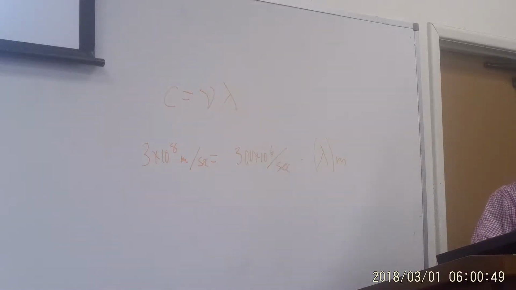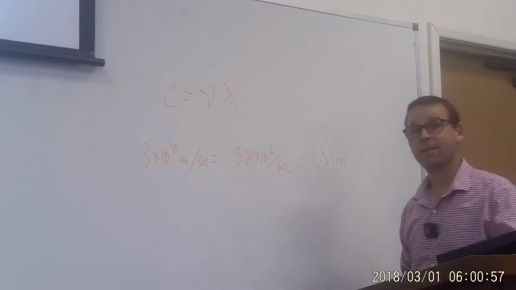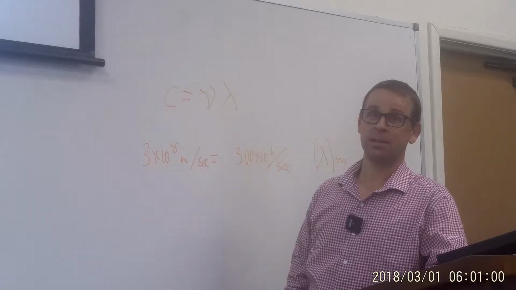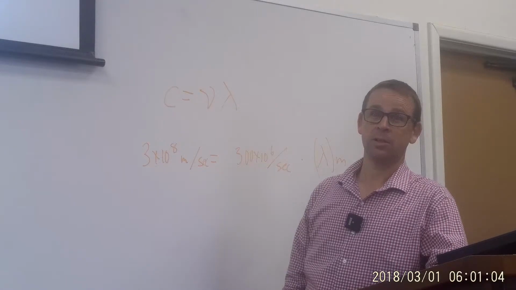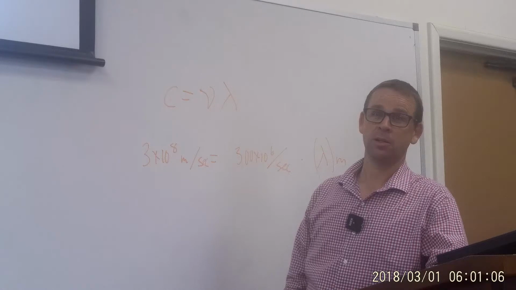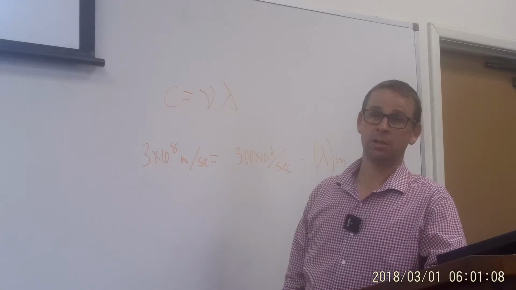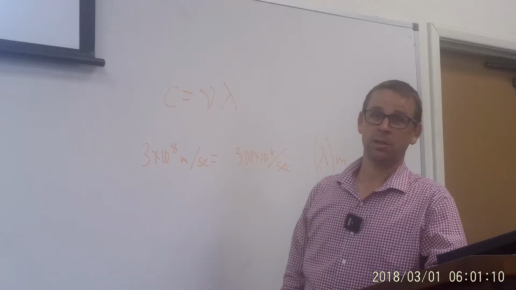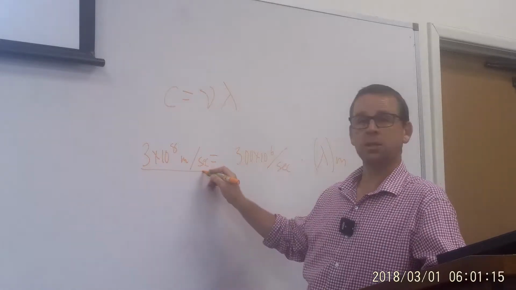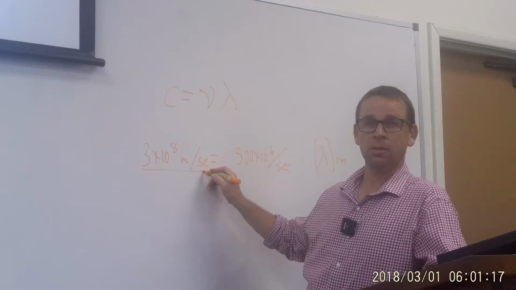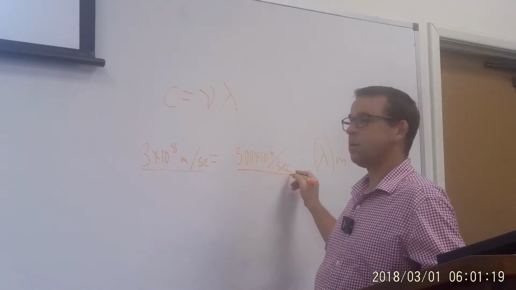Okay, what do we get? Anybody get it? What'd you get? So what did you put in your calculator? 3 times 10 to the 8th. 300 times 10 to the 6th.